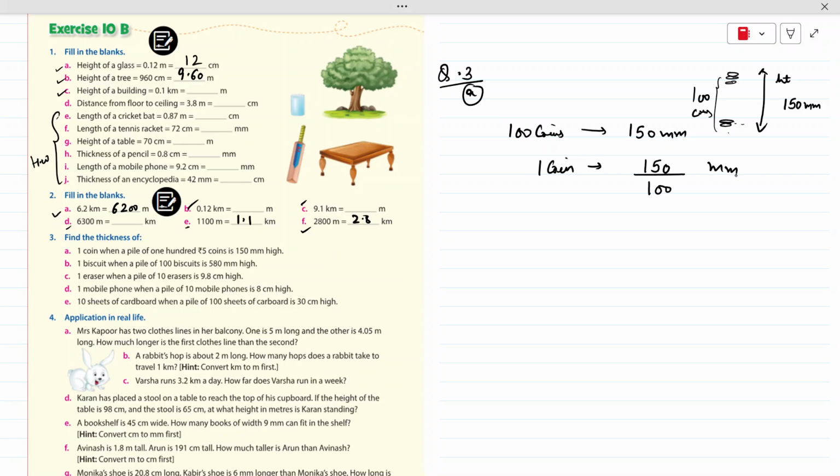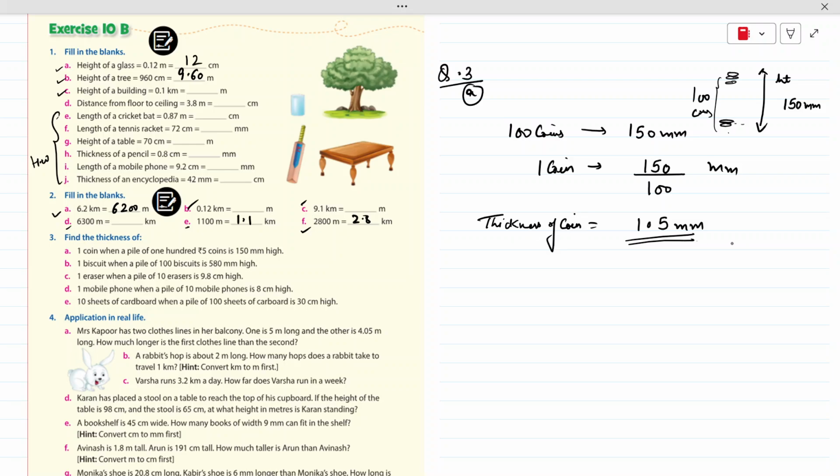And that too in millimeters. So when we solve it, this will be 1.55 millimeters. So the height or the thickness of one coin here is 1.55 millimeters.